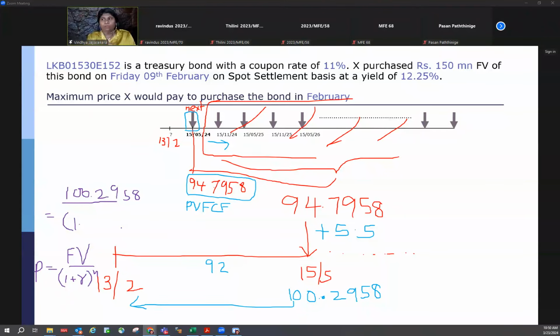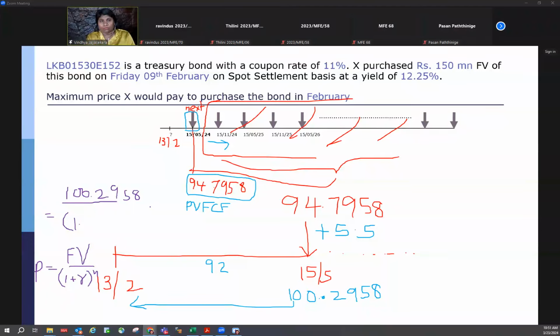For example, in bills you use simple discounting, that is correct. But here you are still discounting the same set of cash flows. You have discounted this using an r of 12.25 divided by 2, and it's compounded discounting, right? You're using a compounding equation. So the same method should be used for the rest, because you're still in the same calculation.